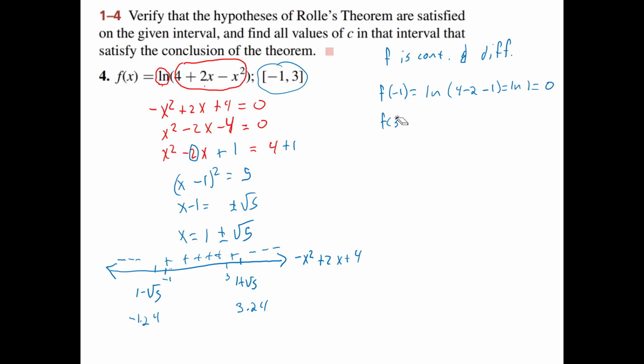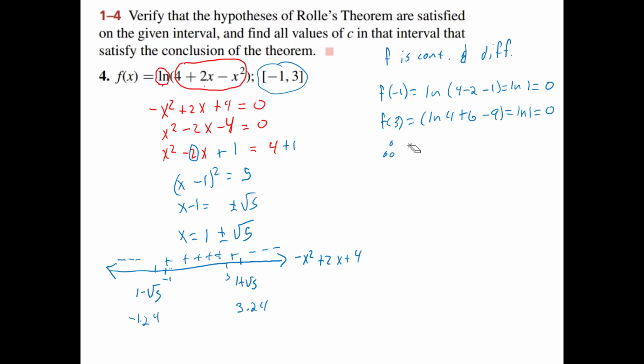F of 3 is the natural log of 4 plus 6 minus 9. 4 plus 6 is 10, minus 9 is 1. The natural log of 1 is 0. And so then somewhere in the middle, the derivative has to be 0, right?